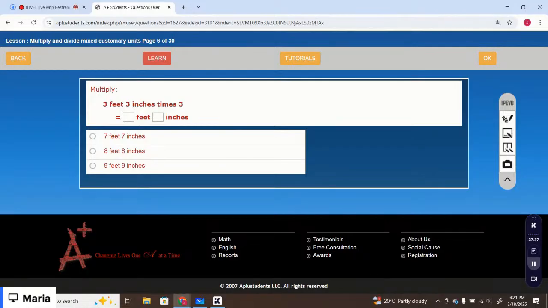You have to multiply. That would be 9 feet 9 inches. Option number 3 is the correct option.